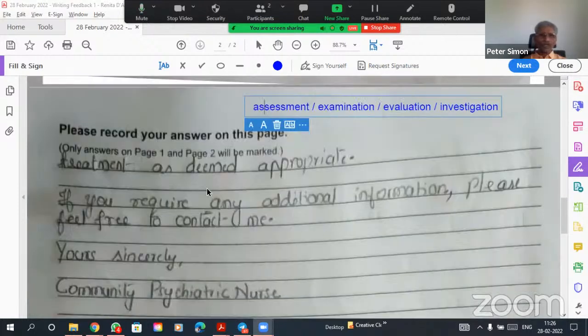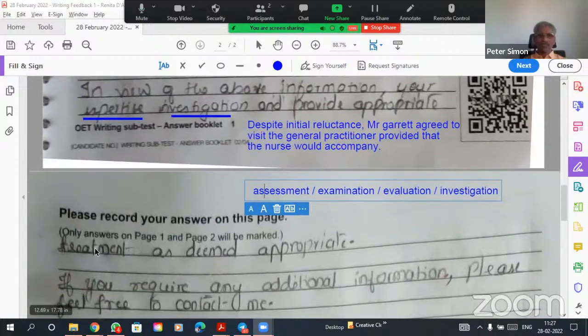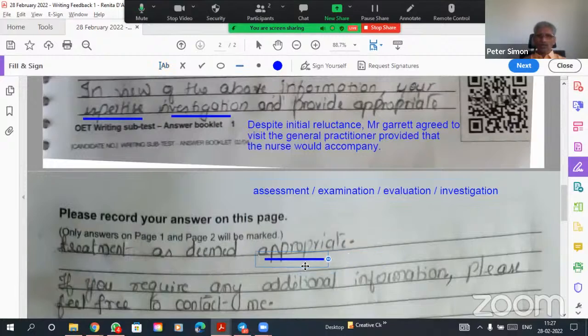Okay. Provide appropriate treatment as deemed appropriate. What are you doing, Renita? In one sentence, you are using two types of appropriate. I don't understand. And provide appropriate treatment as deemed appropriate. What do you mean by that?